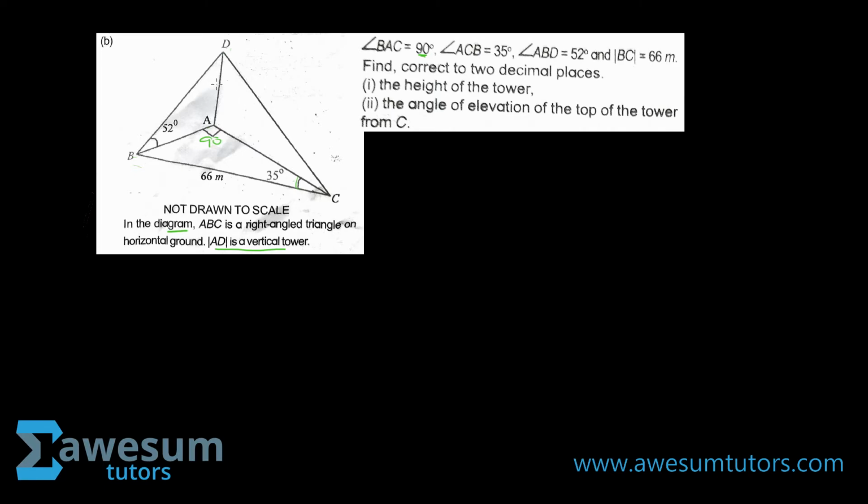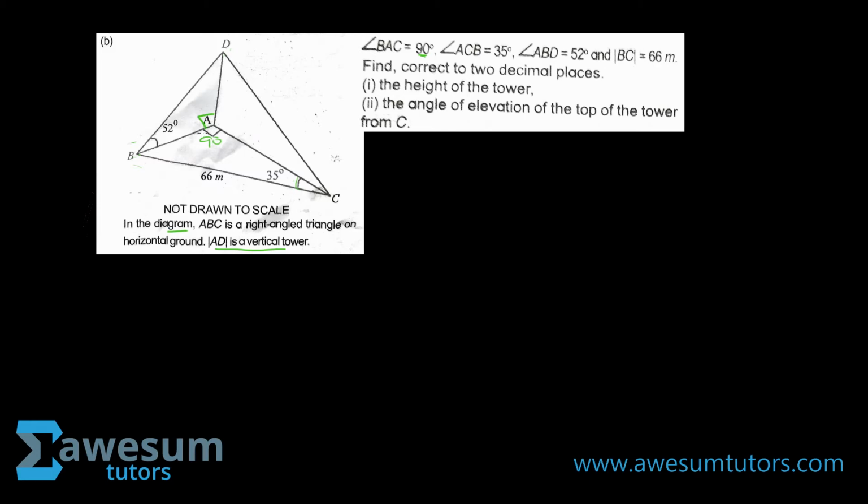Now, for us to be able to calculate this line AD, we need to calculate this line AB first, because triangle ABD is also a right-angled triangle, because this line AD is perpendicular. So we need to find another side that will help us find line AD.